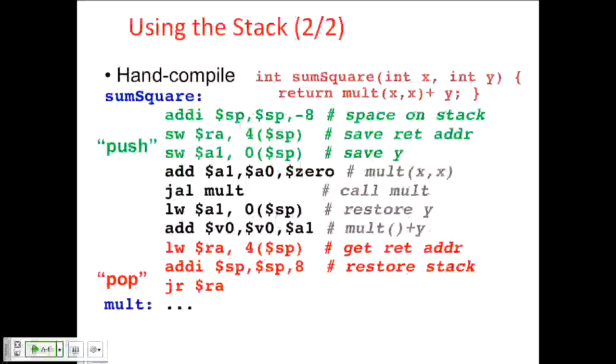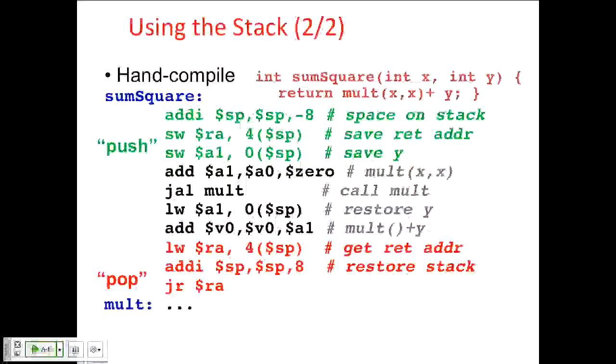So first thing we do inside this sum square code, so this is the C code, we allocate space for the stack frame. So we just decrement the stack pointer by 8. This function only needs 8 bytes of storage on the stack. And what we're going to save in that activation frame are RA and A1. So RA is the return address, right?